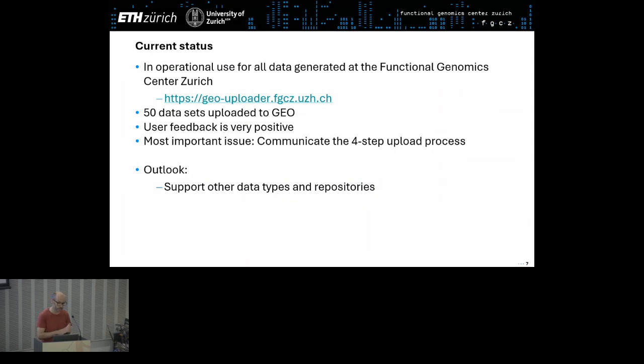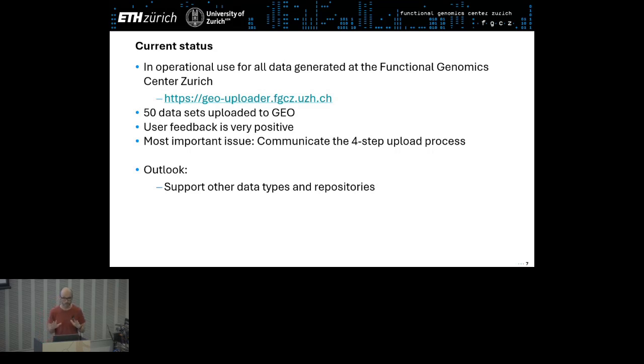We have it online since a few months, at our core facility, the Functional Genomics Center in Zurich, that regularly produces all kinds of sequencing data. And so far, we have uploaded more than 50 datasets to GEO. The user feedback was largely positive, and it really goes fast and efficient.